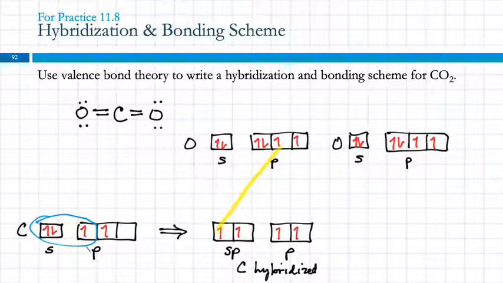And then the other oxygen is going to overlap with the other p orbital. And then, so those are sigma bonds, and then I have an unhybridized p orbital, and here's another p orbital, and then on my carbon I have 2 unhybridized p orbitals. So those could make pi bonds with each other. So I can make a pi bond here and a pi bond here.